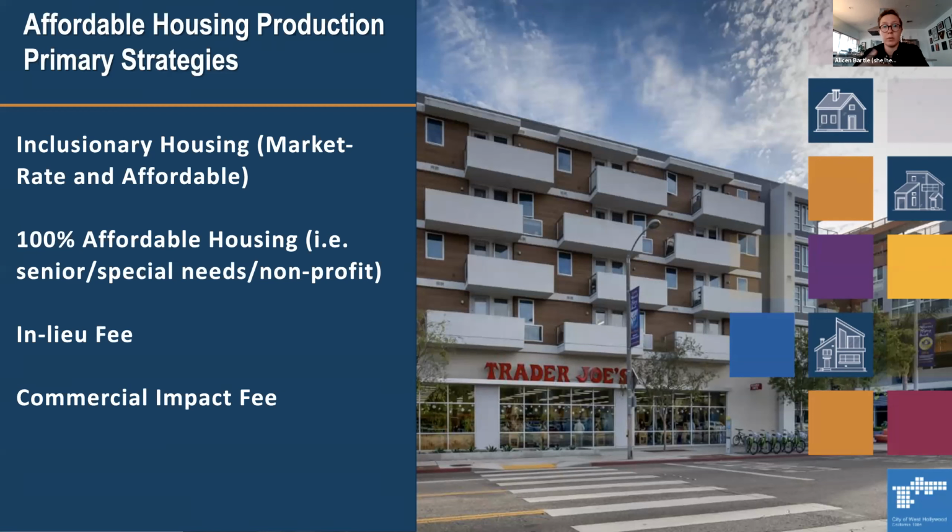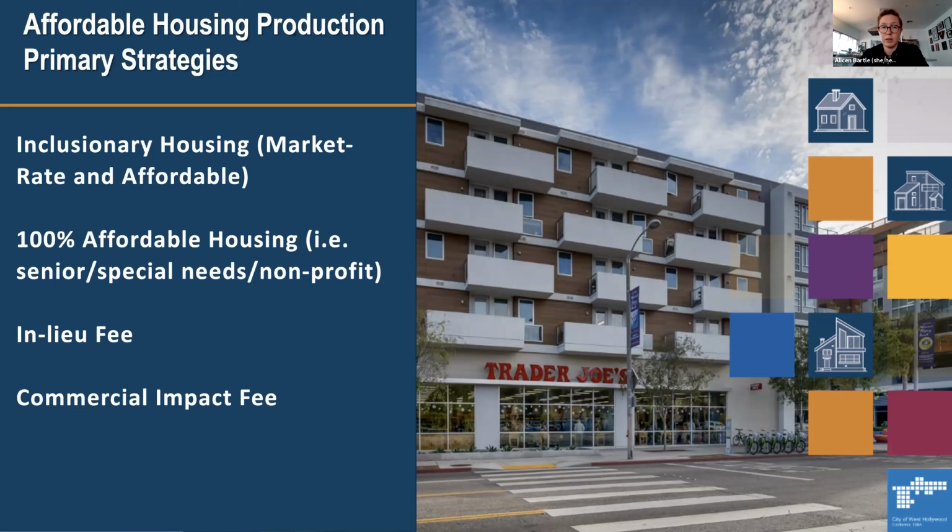And our city code requires that we alternate low and moderate units within that 20% set aside. Another tool that we have is we have our affordable housing that's 100% affordable buildings. And those would be our senior and special needs housings that are largely funded through partnerships with nonprofit housing providers. An example would be our projects that we fund through West Hollywood Housing Corporation or through EAH Housing.